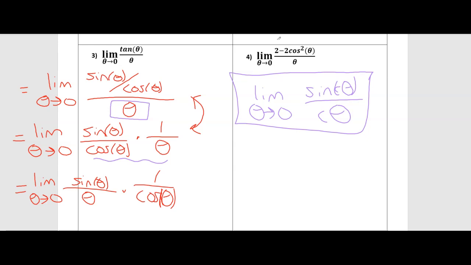And now I can use a limit property, right? So this is going to be equal to the limit as theta approaches 0 of sine of theta over theta times the limit as theta approaches 0 of 1 over cosine of theta.